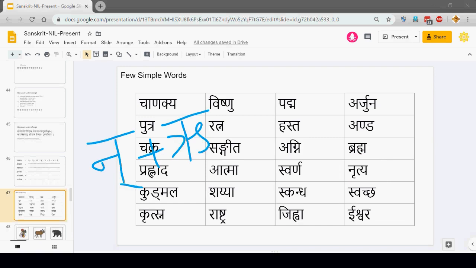After that we have ta consonant and ya, nritya. Nritya means dance.